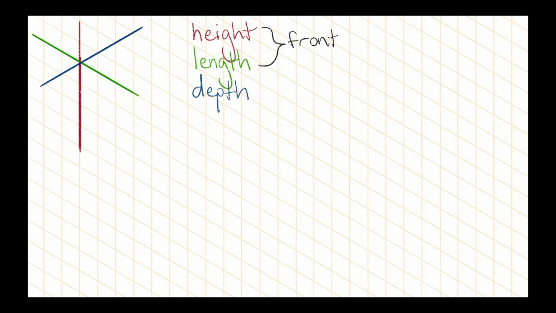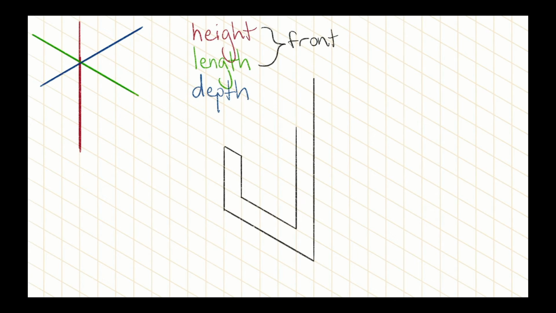Let's say I decide I'm going to draw a J. So there's my J. And I can see that I follow the two sets of lines that I would use for front, the height lines and the length lines.